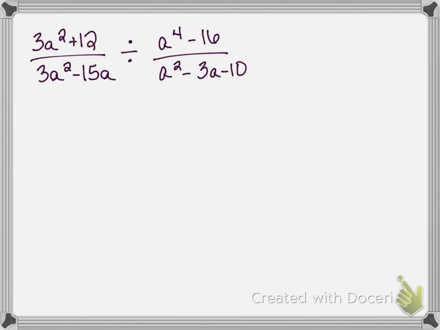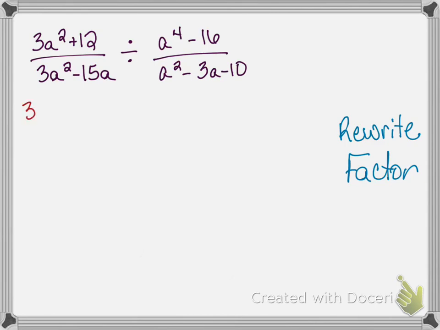Okay, here we go. What do you think I want to do first? We are going to factor very early, but before factoring, I actually want to rewrite it. So I'm going to rewrite it as multiplication.